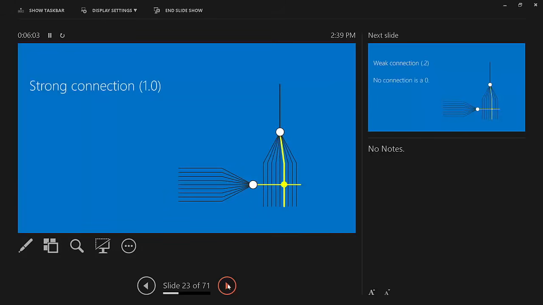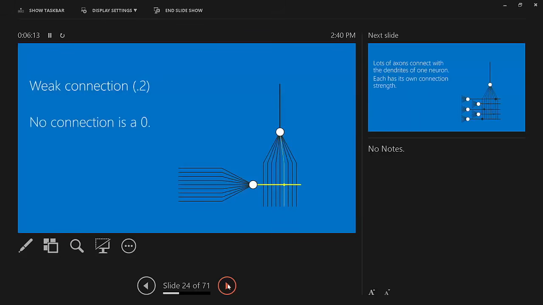If that connection is strong, then it passes the signal on very strongly. If that connection is a 1, then when the axon is active, the next dendrite is very active. Likewise, if that connection is very weak, say a 0.2, then when the axon is active, the dendrite of the output neuron is only weakly activated. No connection at all is a 0.